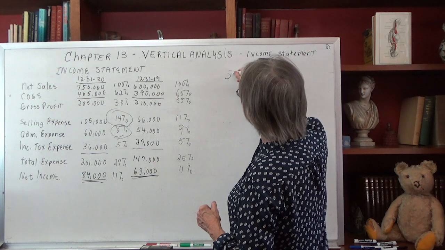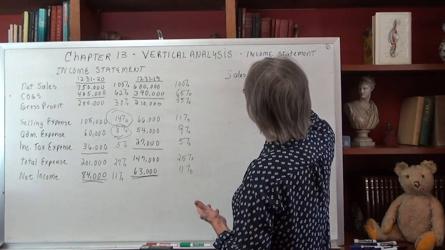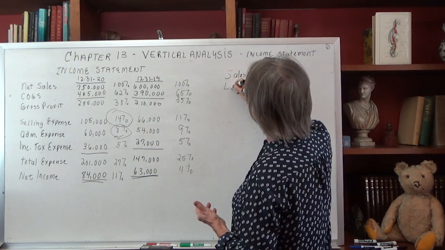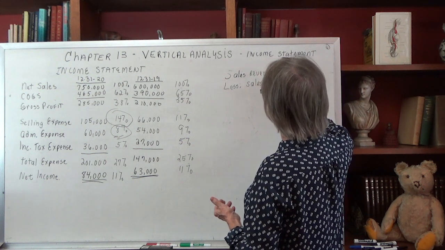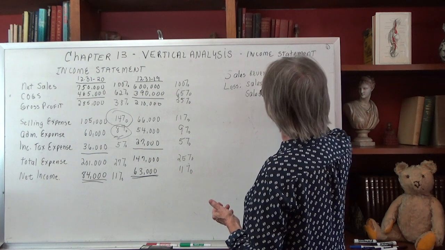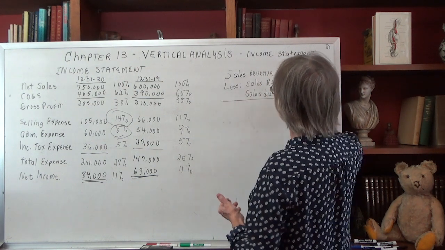Another thing is, if you are presented with a problem, and I don't know if they do this in your homework, you might have a situation where it's sales revenue, less your sales returns and allowances, and then less your sales discounts, and then you get to net sales.